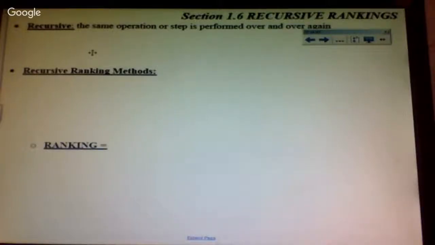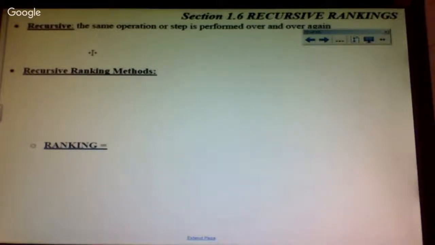Recursive rankings means the same operation or step is performed over and over again. I think back to recursive sequences, which is why I'm kind of glad that we did this. I can't get this number until I know what this is done. I can't get this number unless I know this, and so on and so forth.